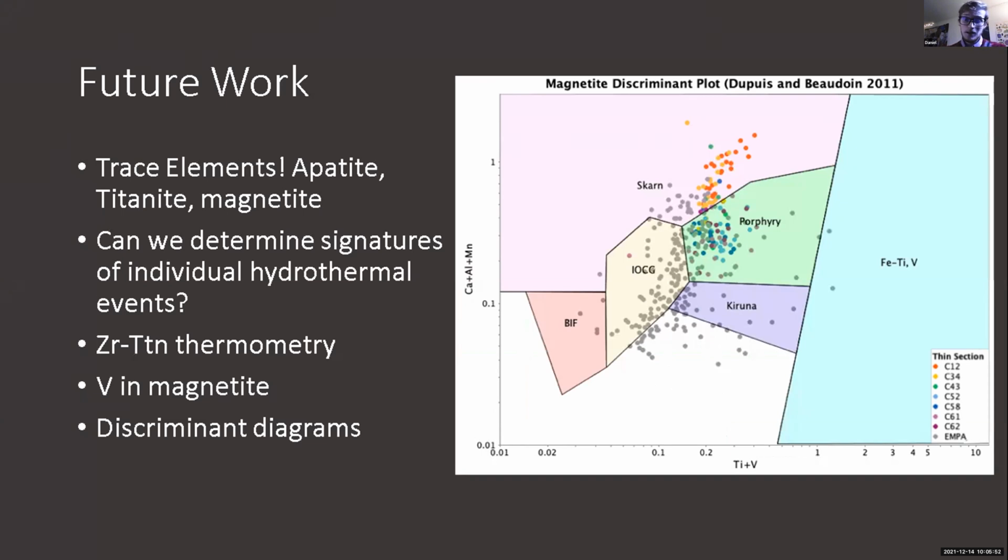And so the project going forward will try to determine chemical signatures for the hydrothermal events, much like Jose Tomas and Irene showed earlier. And we'll also try the zirconium in titanite thermometer.